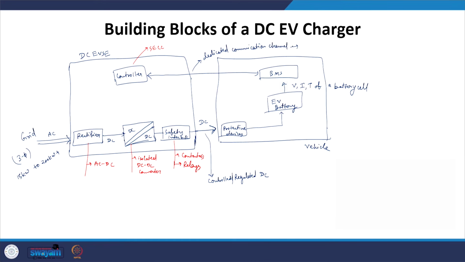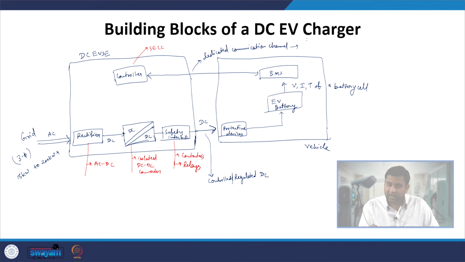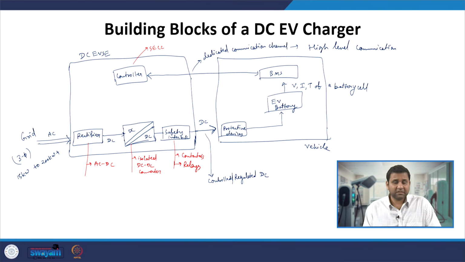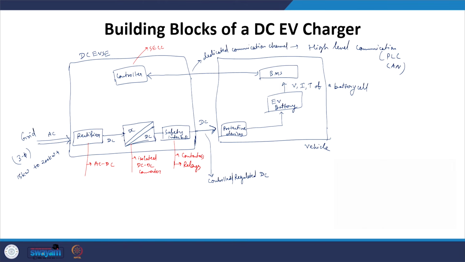So generally this dedicated communication channel is there, and generally they do something called high level communication, which requires a dedicated communication channel like CAN communication channel or PLC based communication channel, where they do the high level communication that we will study as we proceed.